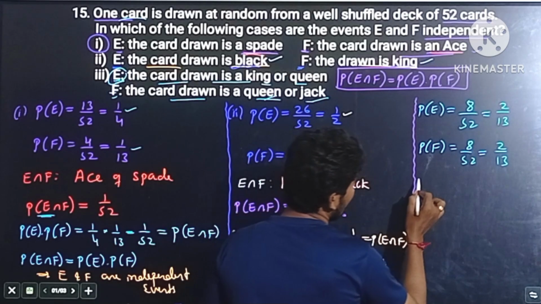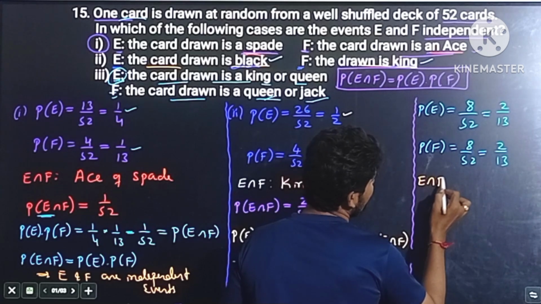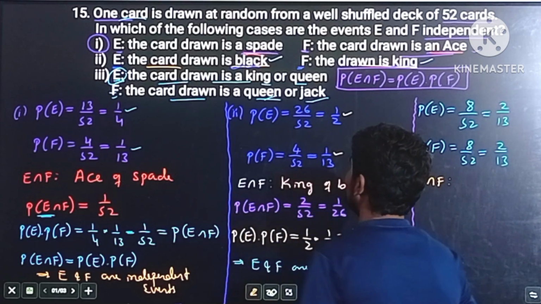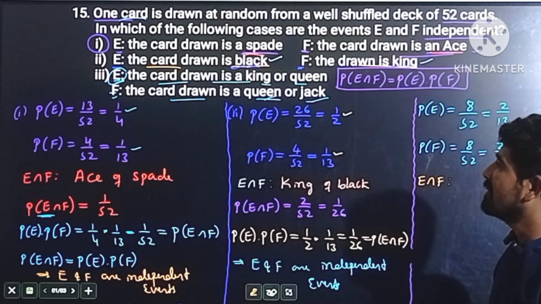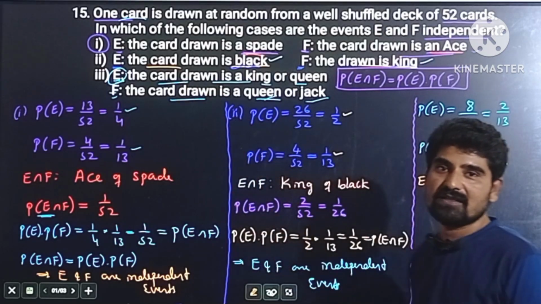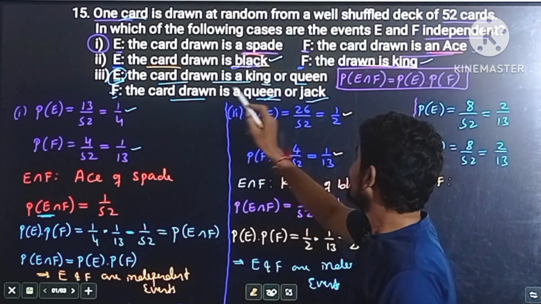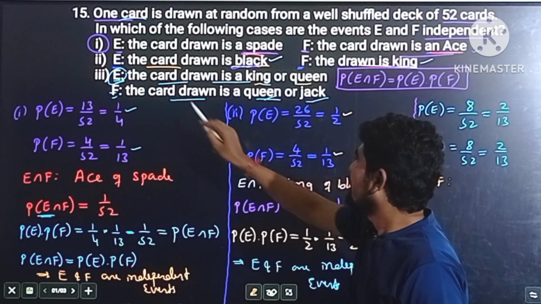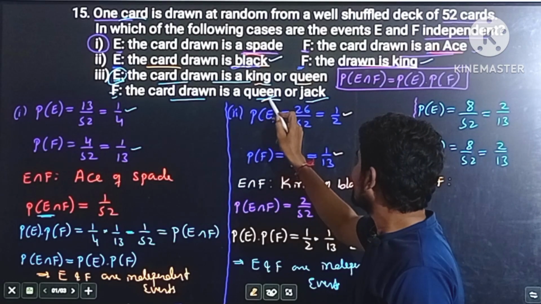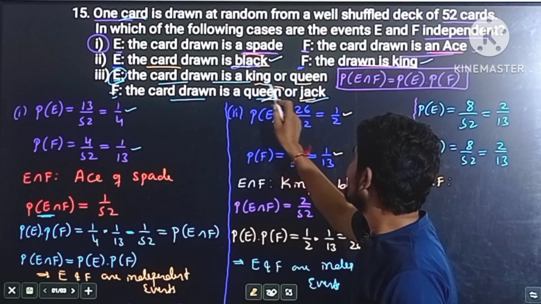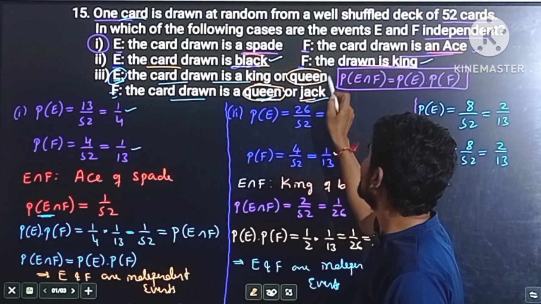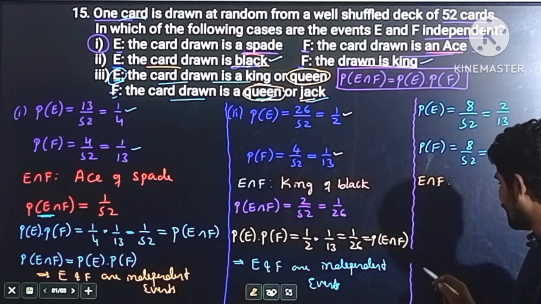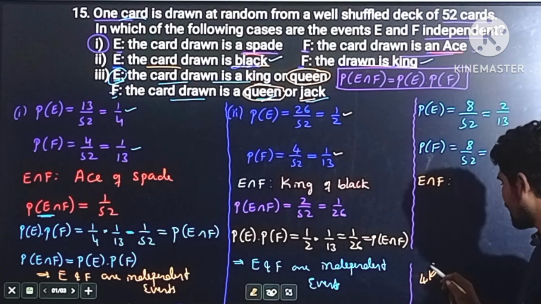And now we need the probability of E intersection F. E intersection F is an event consisting of the common cards in events E and F. Observe here, E is the event of getting a card that is either king or queen, and F is the event of getting a card that is either queen or jack. In between these two, the common cards are the queen cards. We know that there are totally 4 queen cards in a pack.